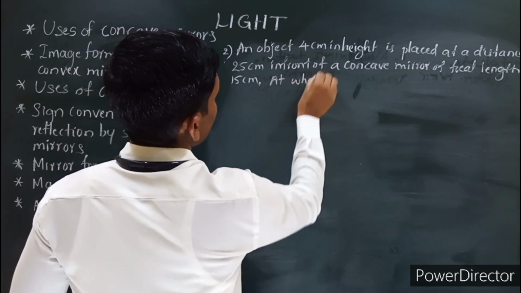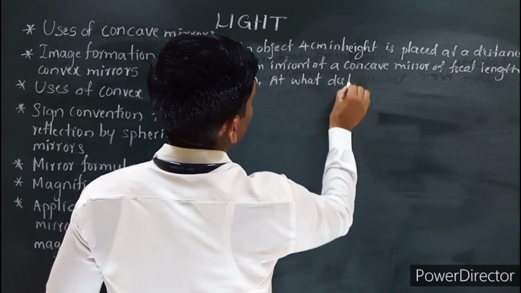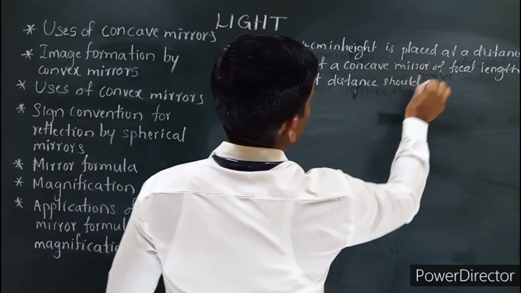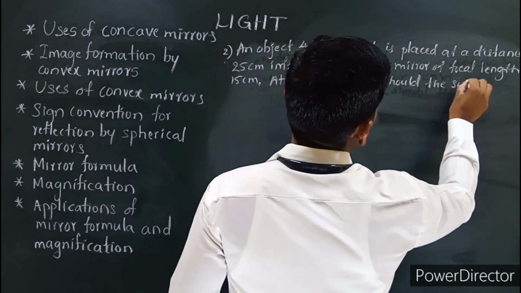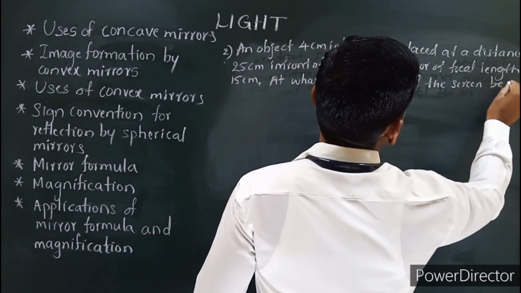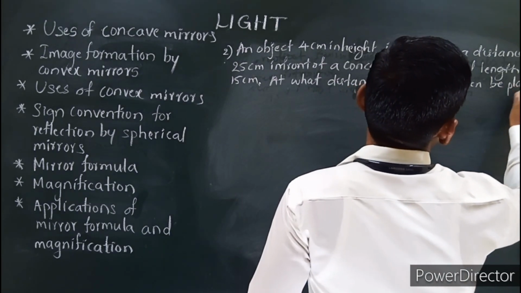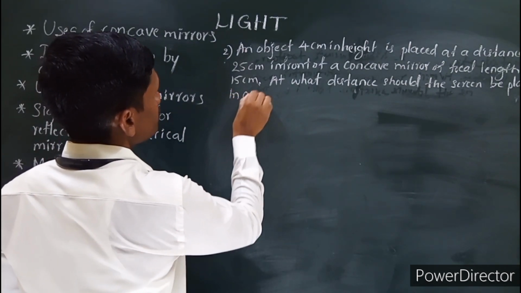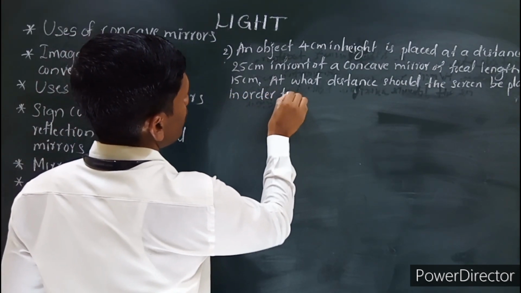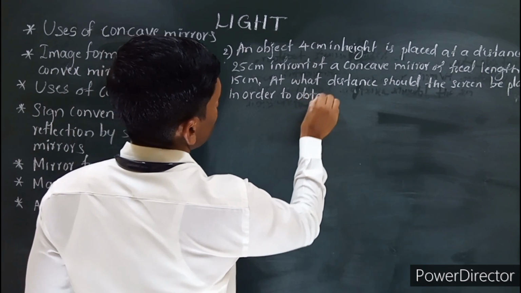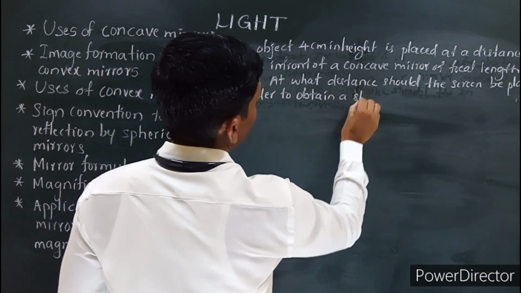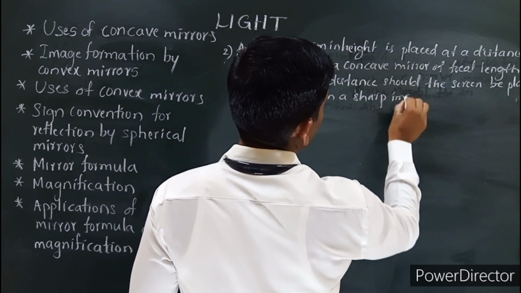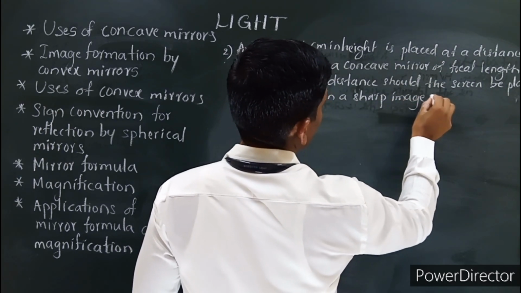At what distance should the screen be placed in order to obtain a sharp image?